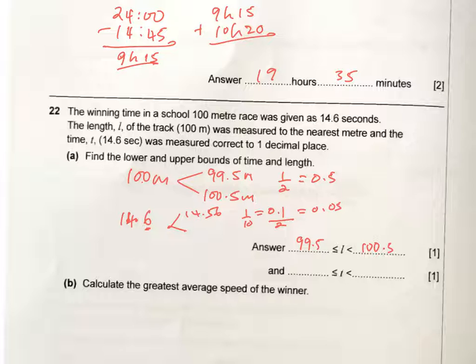14.56. And what am I doing? So this is 0.55. Okay, and then the upper will become 14.65. This is 5 5.